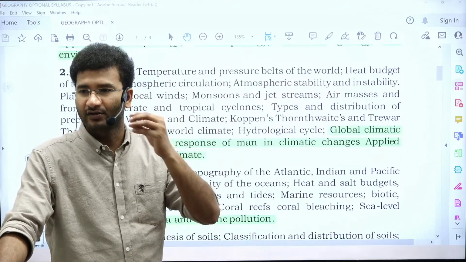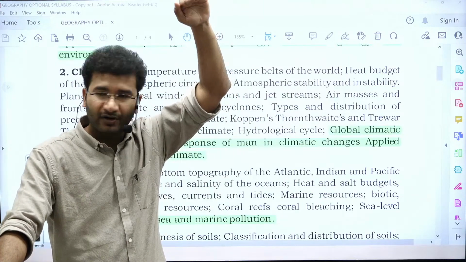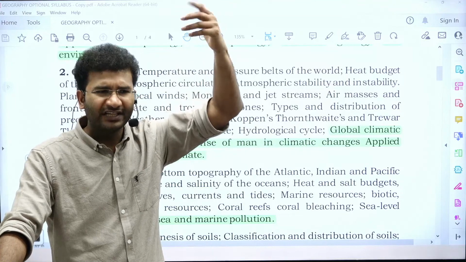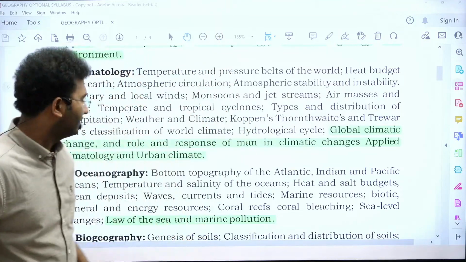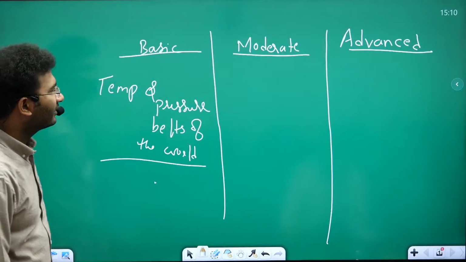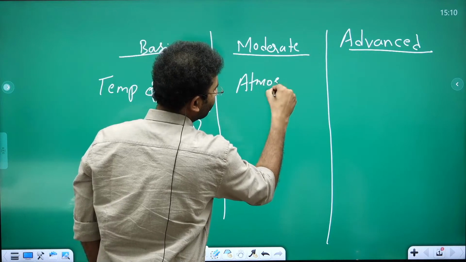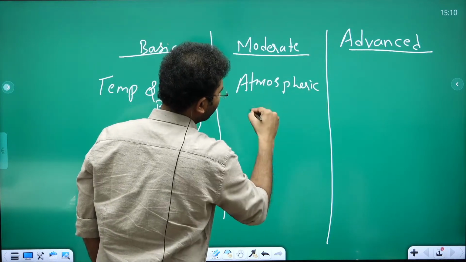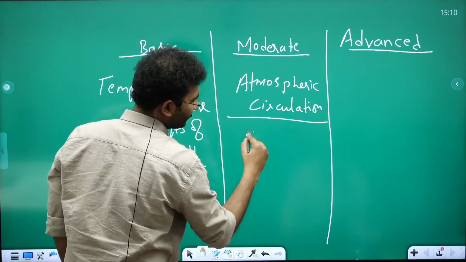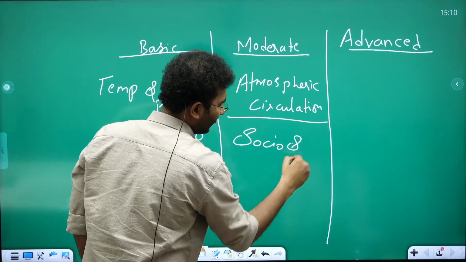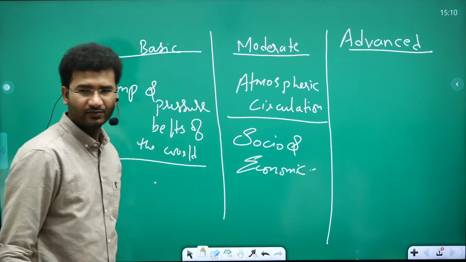And a little later, you'll get to know that there are winds present at the upper end, the upper troposphere, where there are no easterlies, all are westerlies. So when you start to study this and apply this on a moderate level, you can see the atmospheric circulation. यहाँ पे socio and economic aspects of this should also be studied.